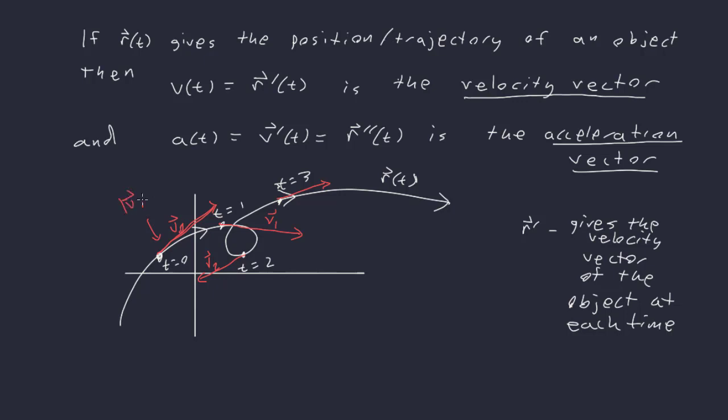So the magnitude of, say, v naught here is the speed, and the direction of v naught is the actual direction the object is facing as it's traveling.